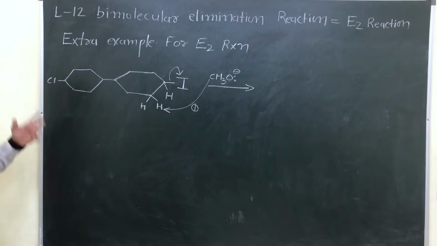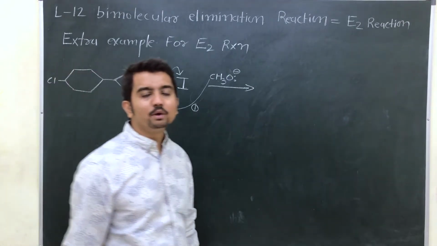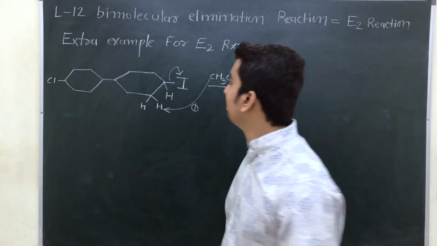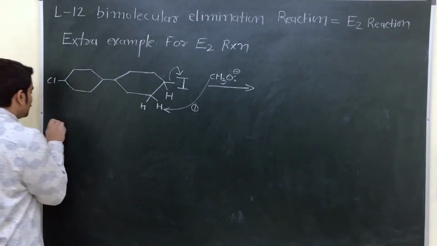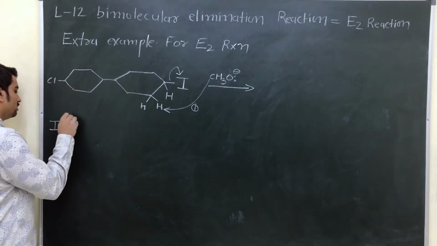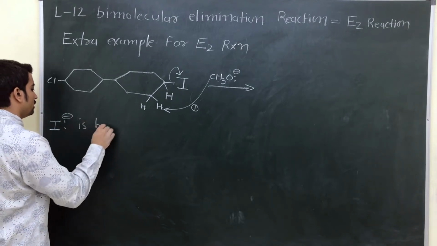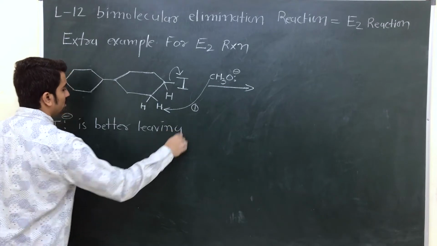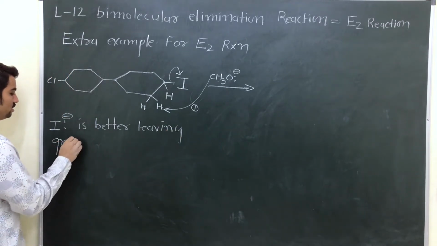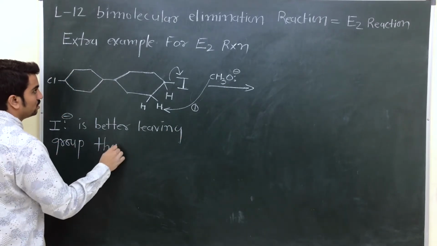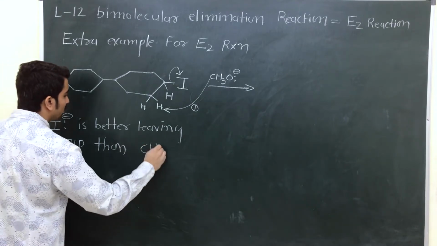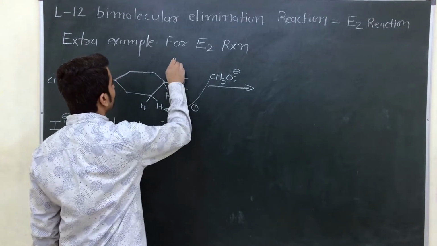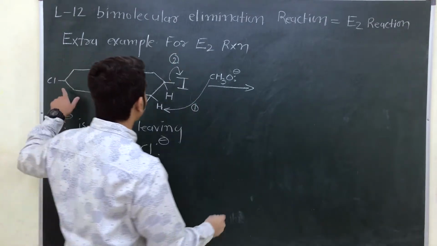So you will have a question, sir, why not chlorine? Because iodine is a better leaving group than Cl-. So iodine will be removed first. This is step 1, step 2. So what will happen?